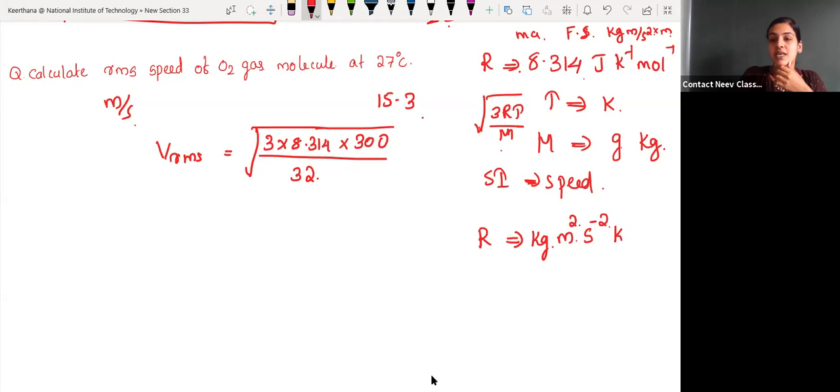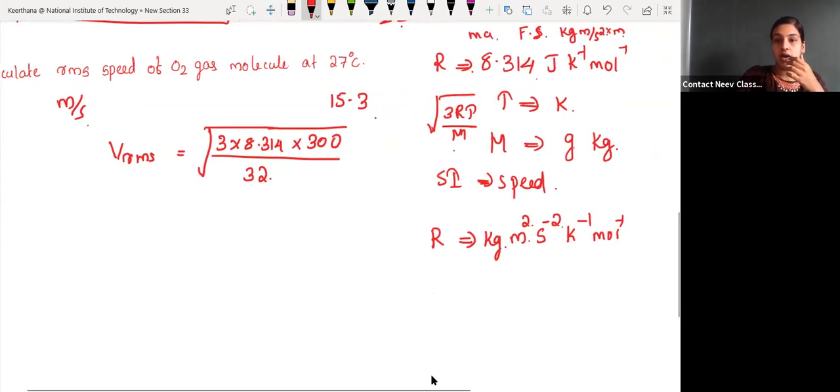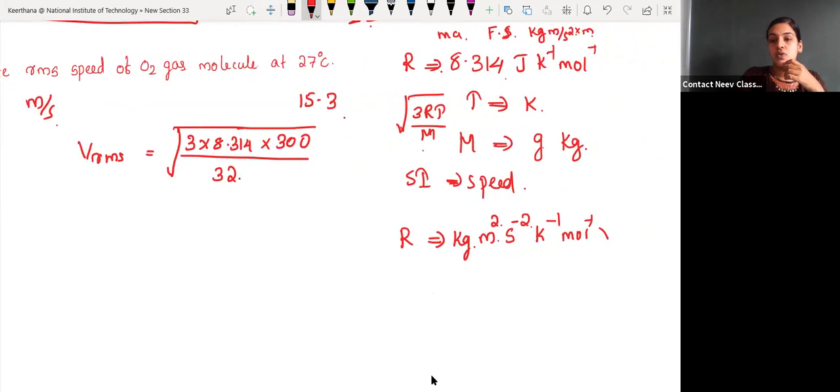So our unit is kilogram meter square second raised to minus 2 Kelvin inverse mole inverse, divided by, RT, so the T unit is Kelvin, divided by molar mass. If we are taking gram per mole, how will you get the equation in meter per second? Kilogram divided by gram, is it possible?